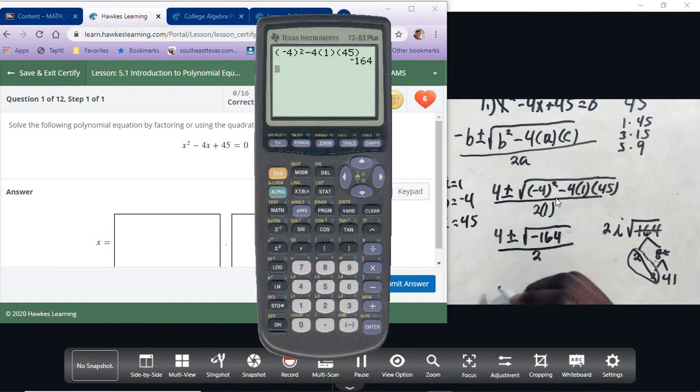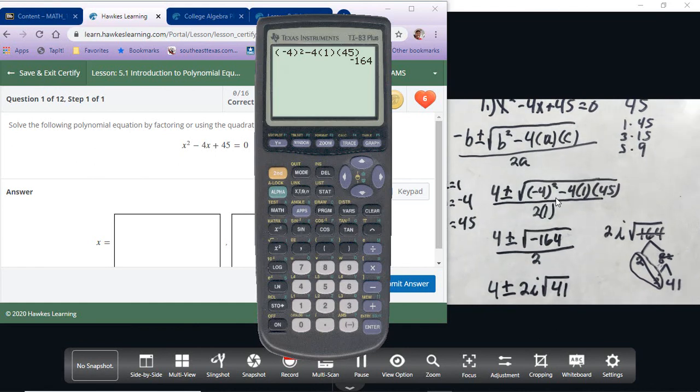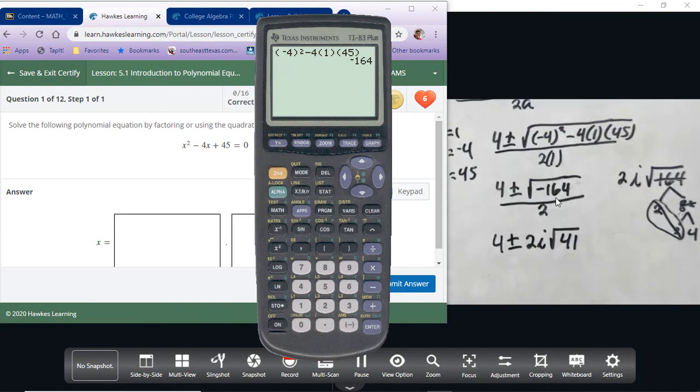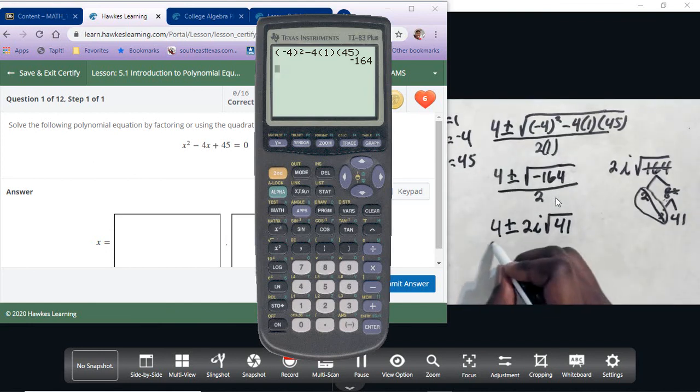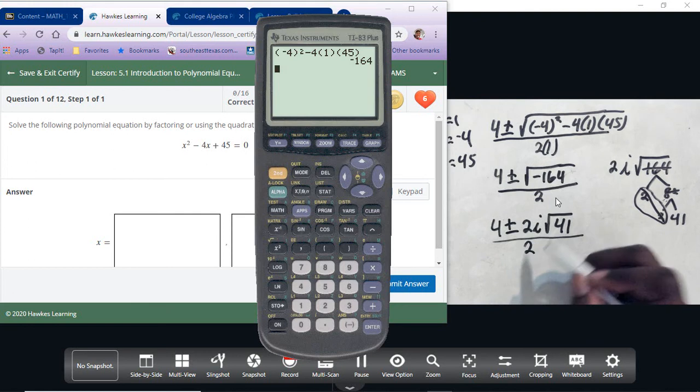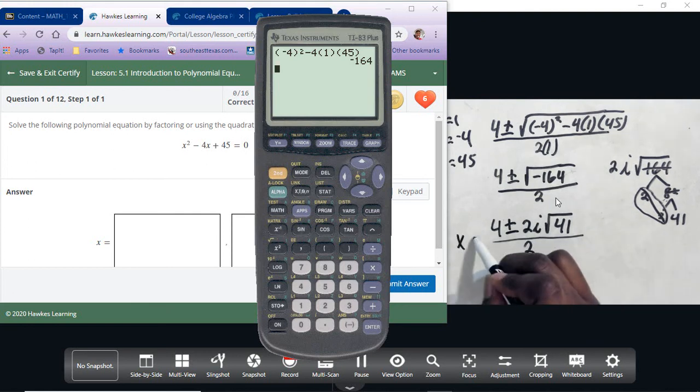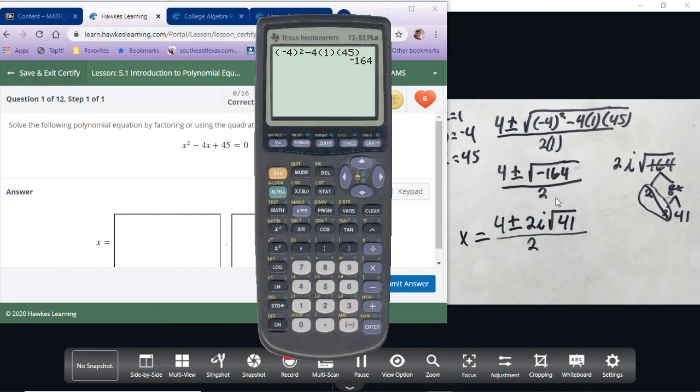Okay, so this will reduce to 4 plus or minus 2i times the square root of 41, all divided by 2. And I always neglect to put it, but this is x equals on the outside.